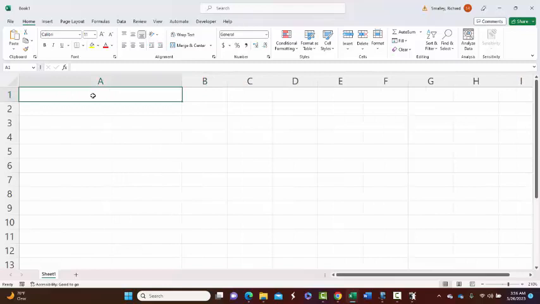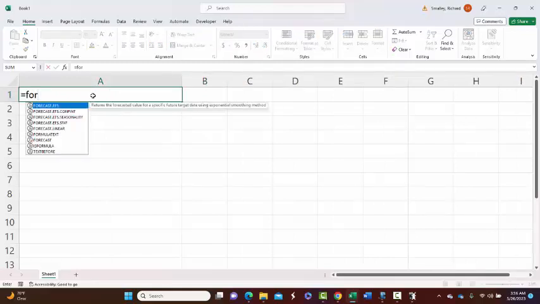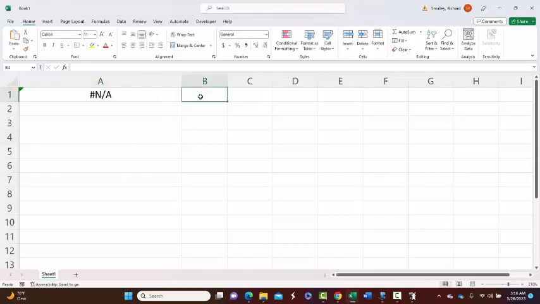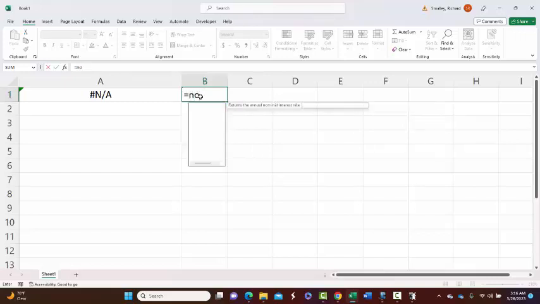In B1, I'm going to put equal norm, and I can type here, norm.s.dist, for standard normal distribution.